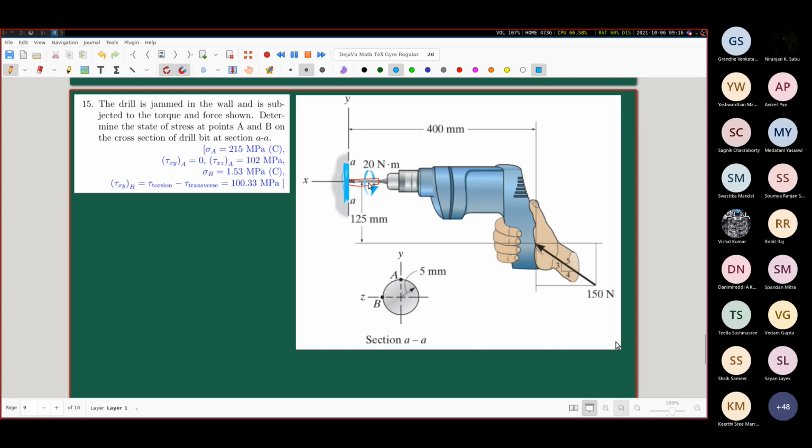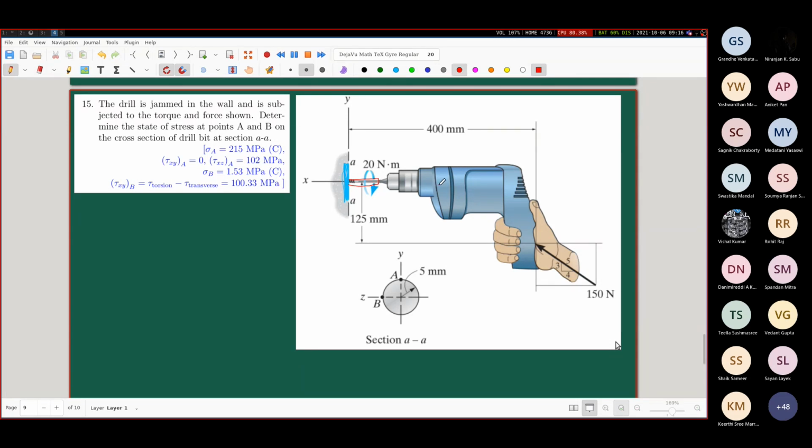Okay, so on the drill bit, on this red highlighted portion of the drill bit, there is a 20 Newton meter torque also. Do you not think that some shear stresses should be generated due to the presence of this torque? Because this is a torsion like scenario. Yes, sir, it will generate a shear stress. Yes.